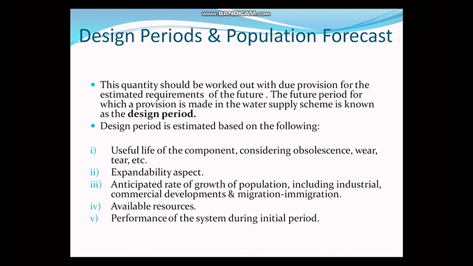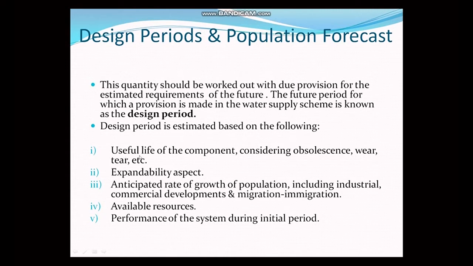Design periods and population forecasting. These two entities are very important for designing a water supply scheme. The design period should be worked out with due provision for the estimated requirements of the future. The future period for which a provision is made in the water supply scheme is known as the design period. Design period is estimated based on the following.